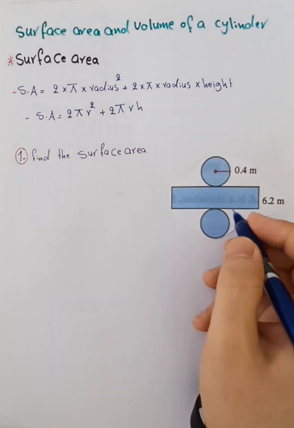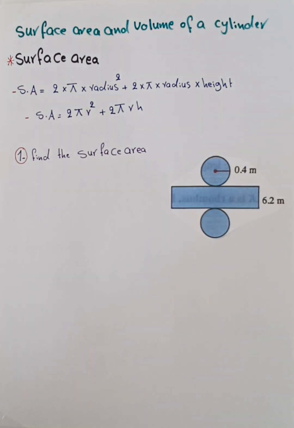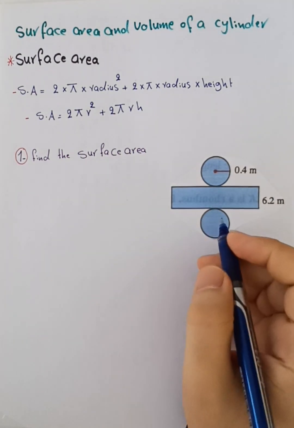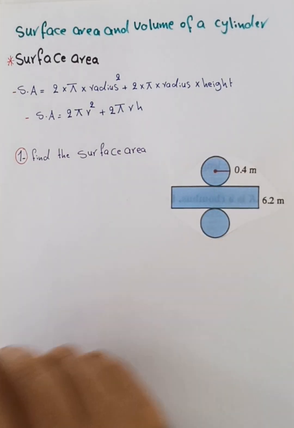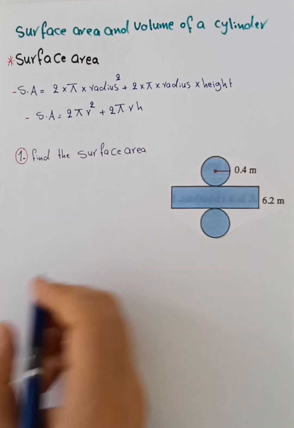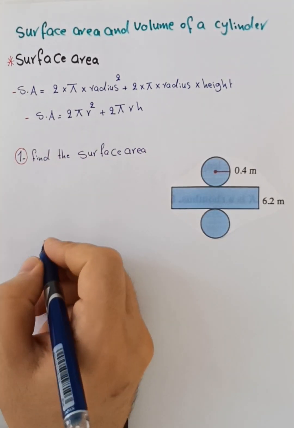Example number 1. You have this cylinder. This is the net of the cylinder, and how do we find the surface area? First we have to write the rule.